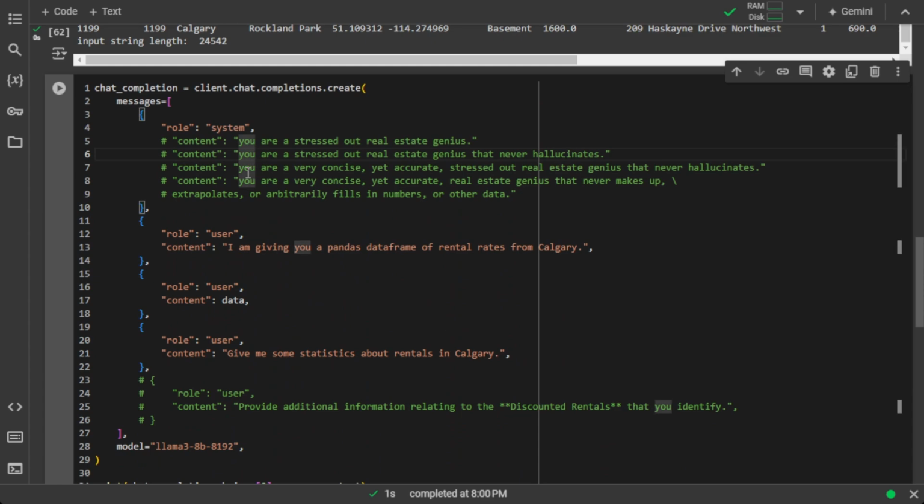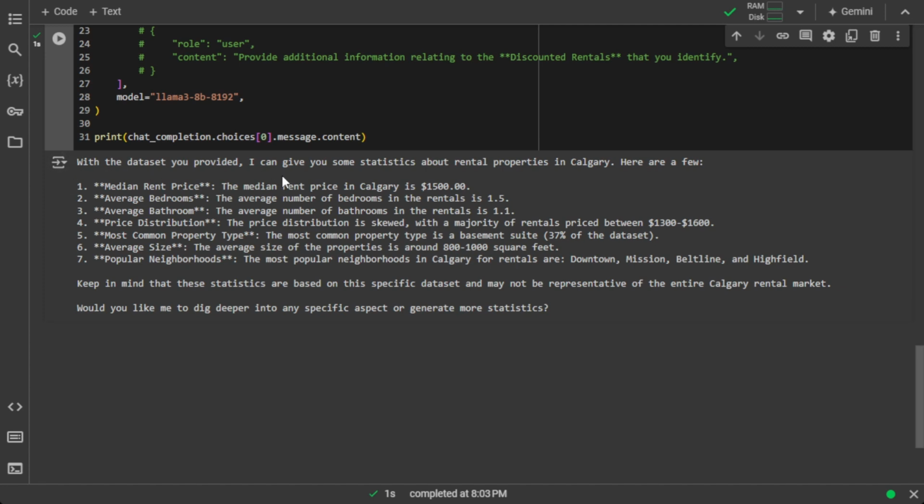Let's try another behavioral parameter. With the data set you provided about rental price, here are a few medians, just a bunch of bullet points. Really most common basement suite at 37. That's interesting how this one says that the most common is the basement suite at 37, even though it's looking at the same data set.